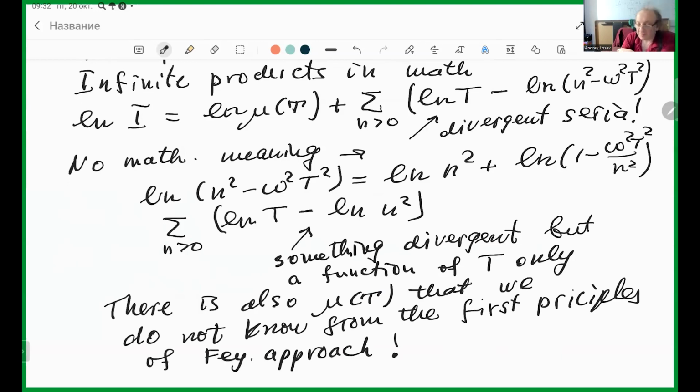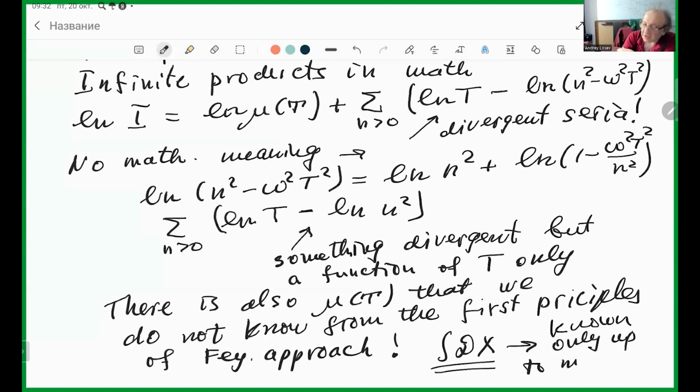Okay. So what do we know about it? Known only up to multiplicative constant.